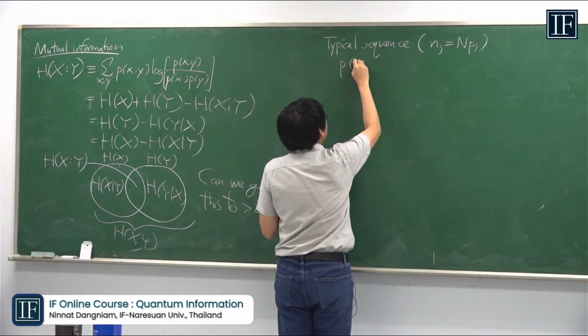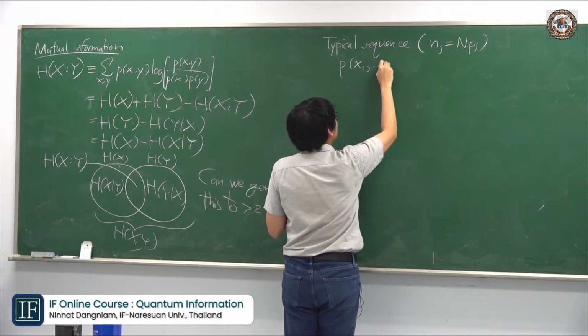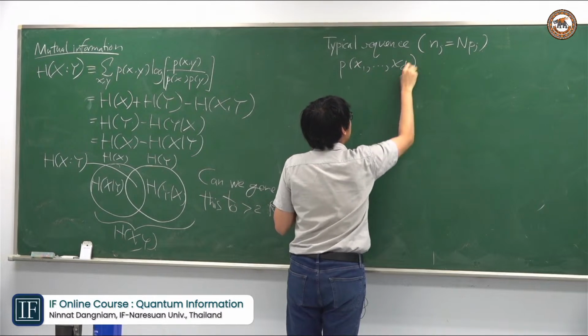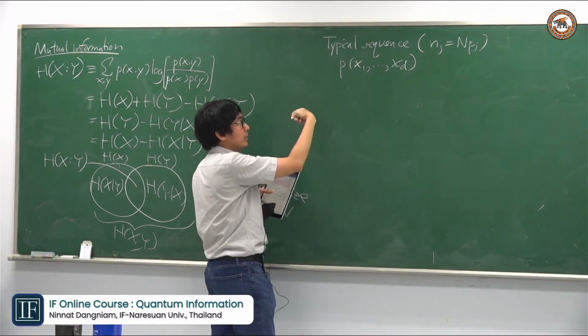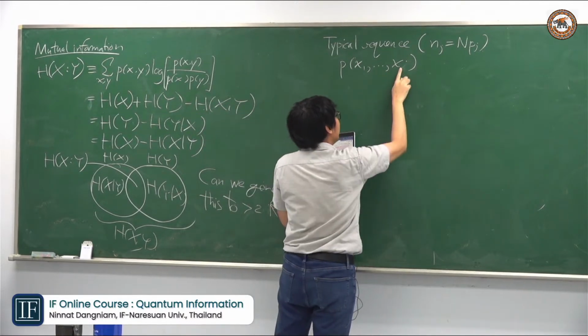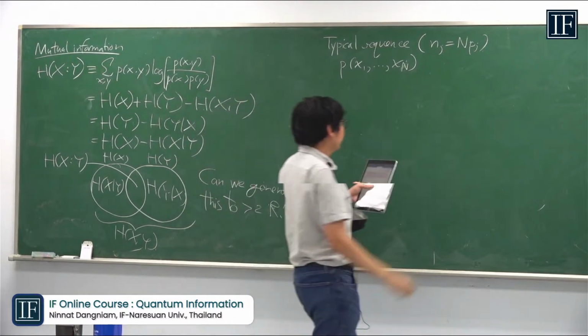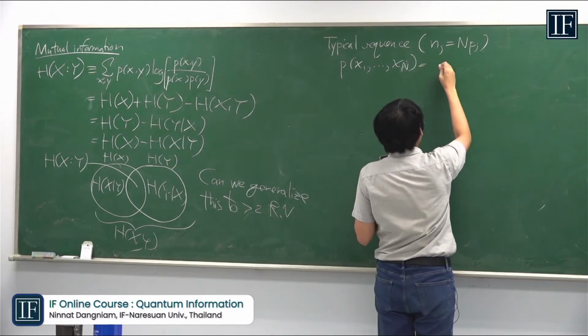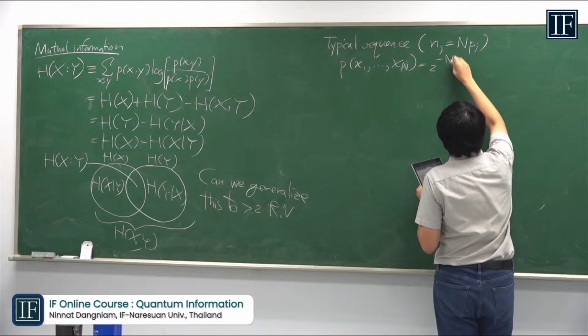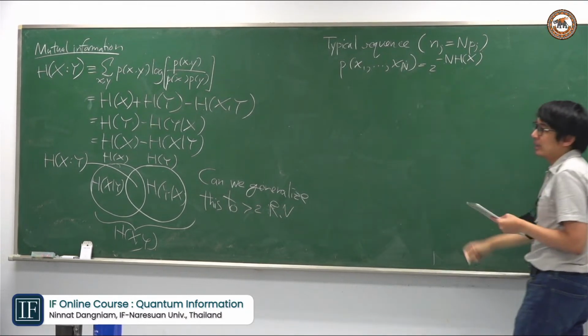We had shown previously, and I denote the probability of getting some sequence like this, that this is 2 to the minus n times the entropy.